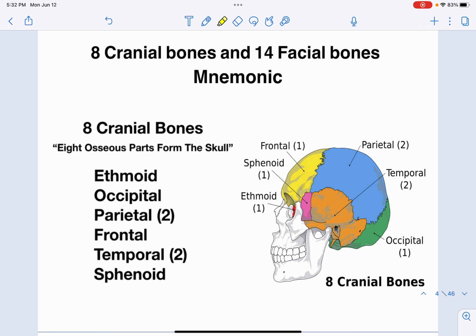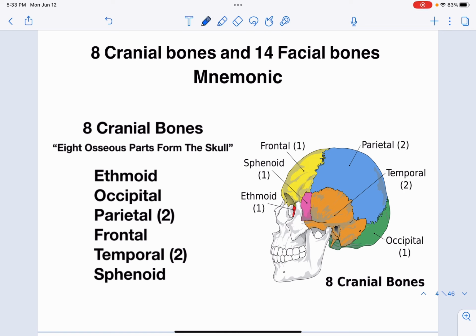You do not need to use this mnemonic, but it may help you remember which bones are part of the cranium and which bones make up the face. It's entirely up to you. I found this mnemonic when I was watching videos trying to come up with ideas to help students memorize these bones. If this mnemonic works for you, that's great. If not, you can disregard it and come up with your own method. That is entirely fine.